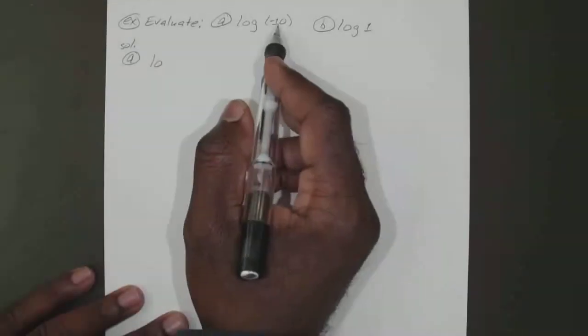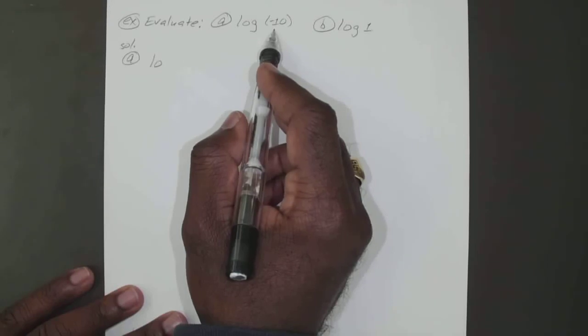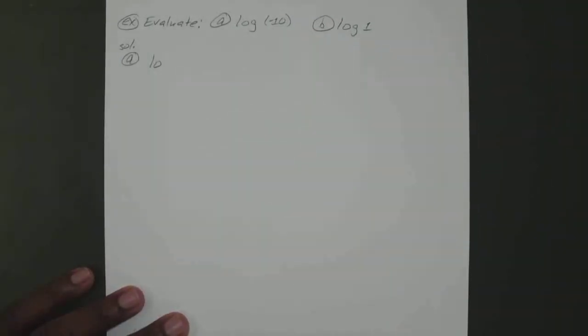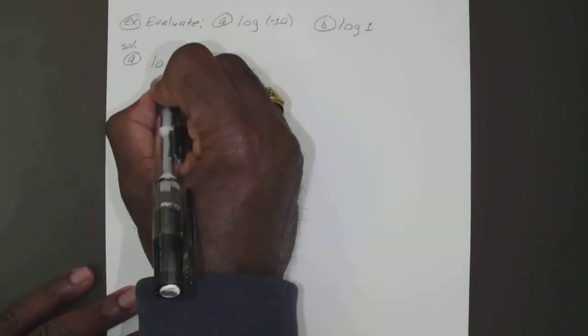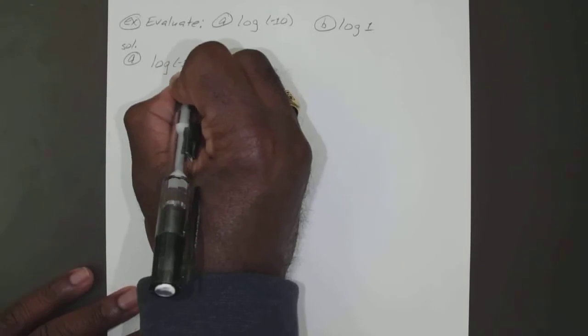Okay. So let's say, because remember, that has to be greater than 0, so we wouldn't be able to find that anyway. But let's say we just forgot about that rule and decided to try and find log of negative 10. So you have log of negative 10.